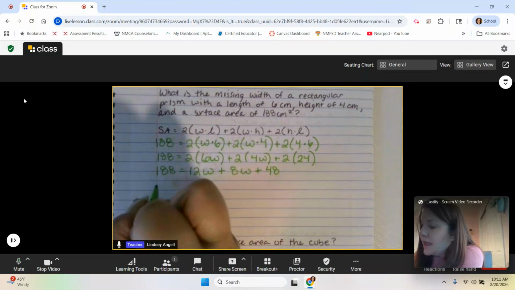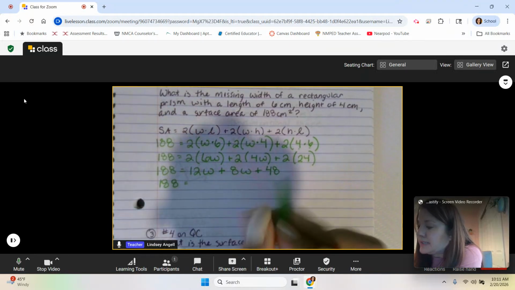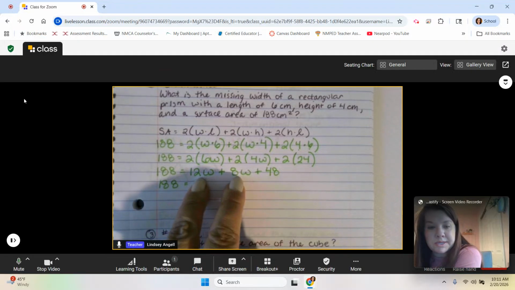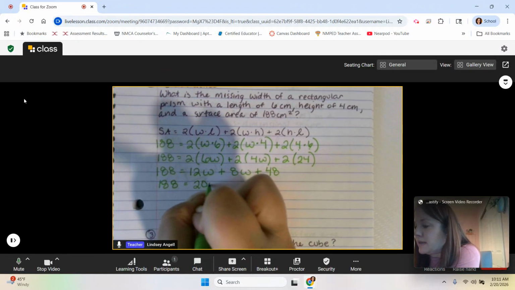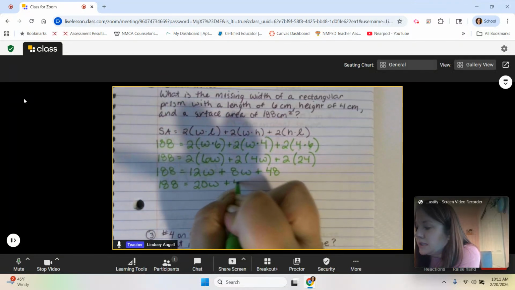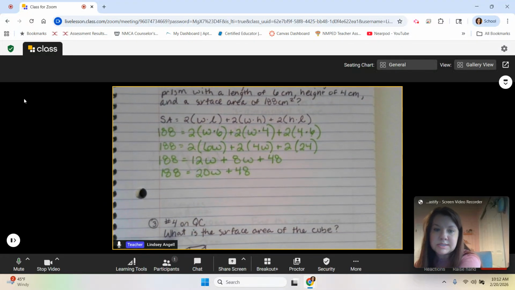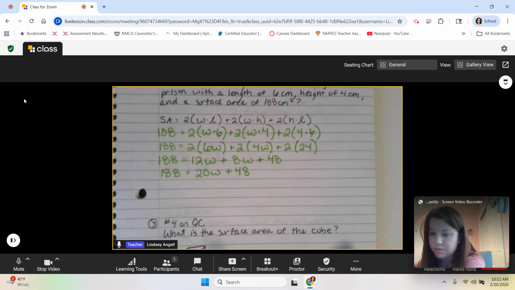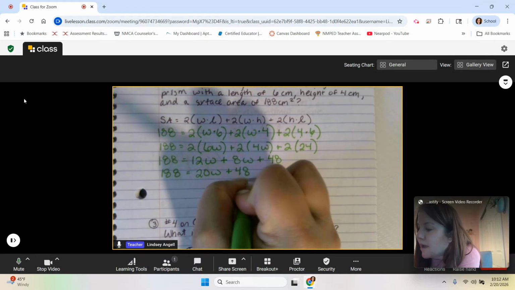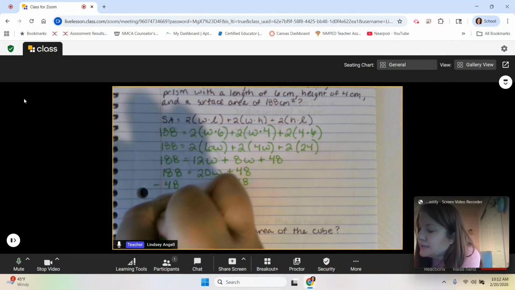Okay? I can combine like terms, which in this case, if I have 12 w's plus 8 more, then I have 20 w's plus 48. And now we're just down to a 2-step equation where we can solve for w. I'm going to subtract 48 from both sides.